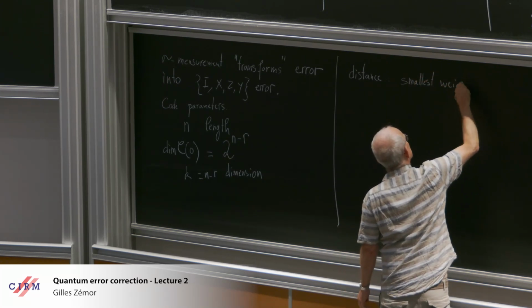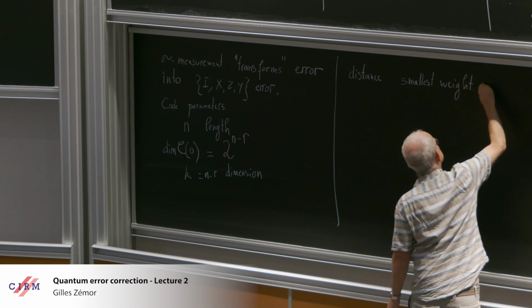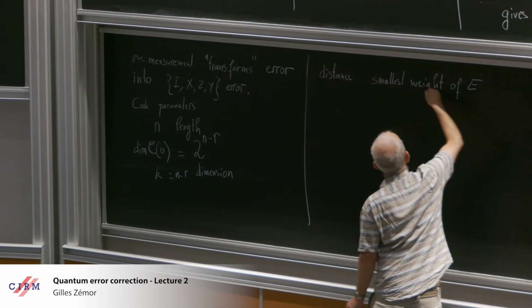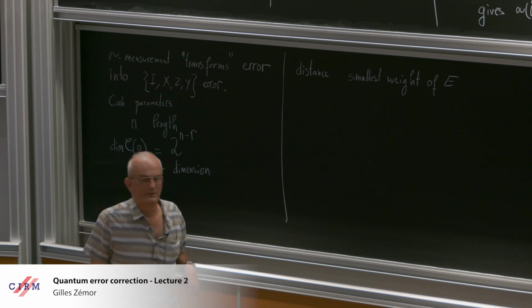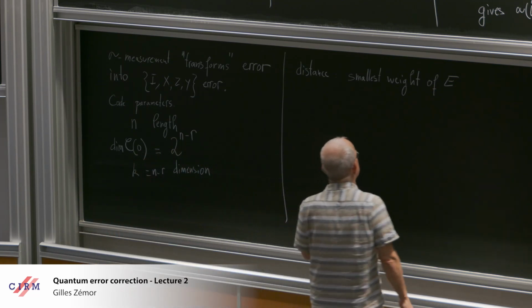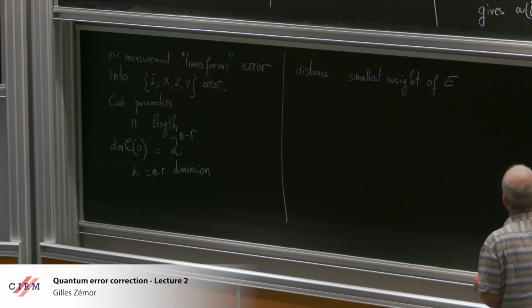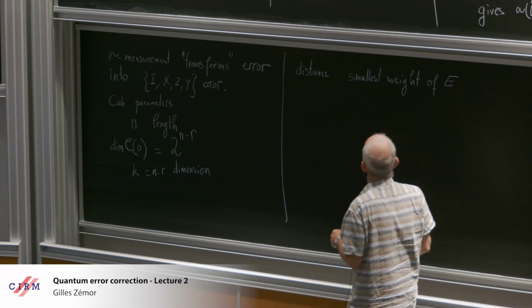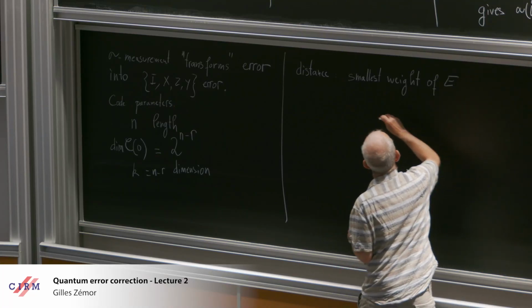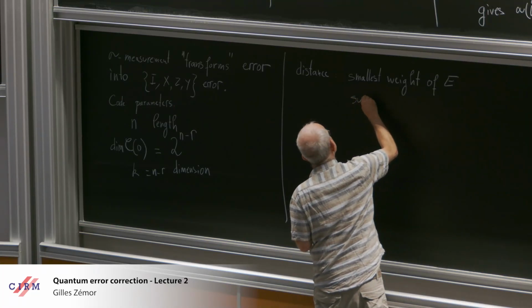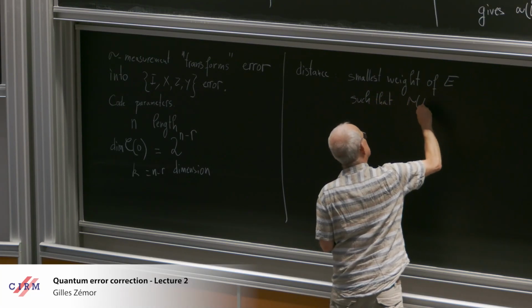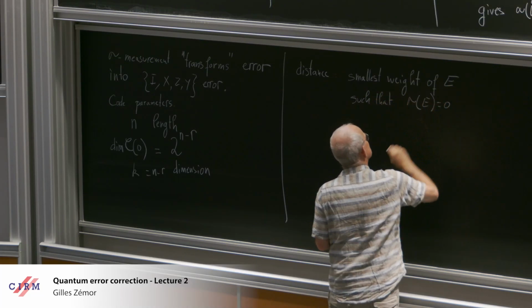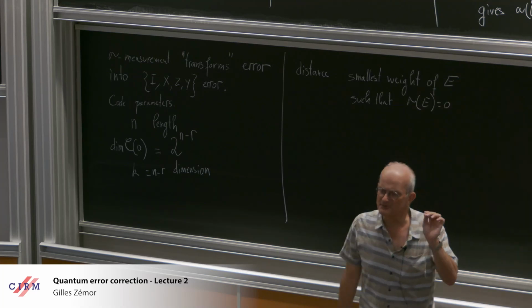It will be the smallest weight of E, where by weight I mean the non-identity terms in our Pauli error. The smallest weight of error E such that sigma of E is equal to 0, but here there's a twist.